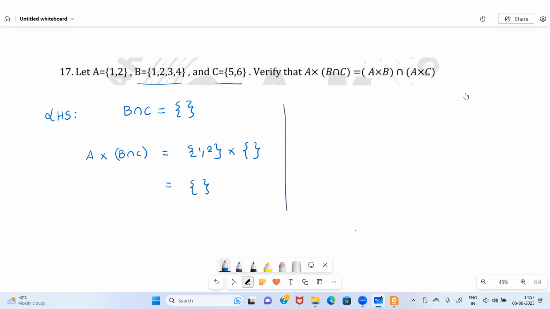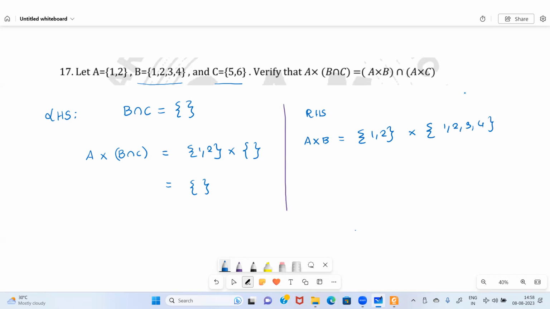Now let us check the RHS. For that we need to do two things, right? One is A cross B. What is A cross B? A is {1, 2} cross B, which is {1, 2, 3, 4}. Now, how many elements would be there, students?